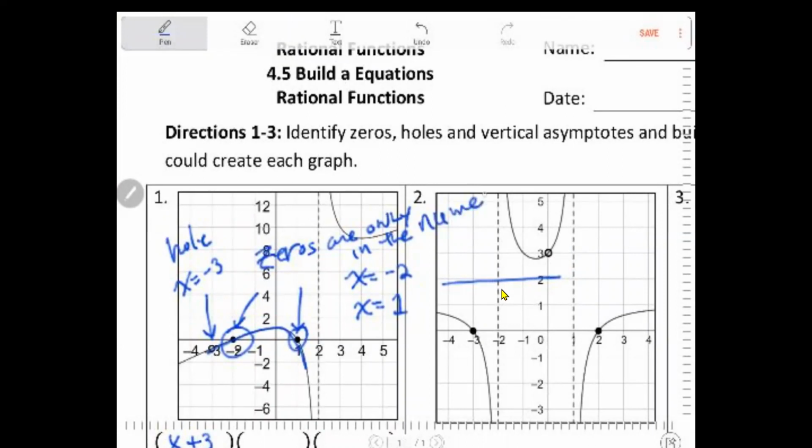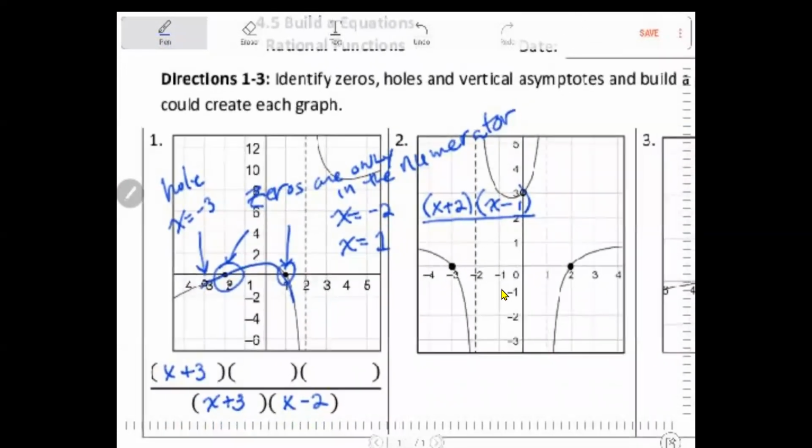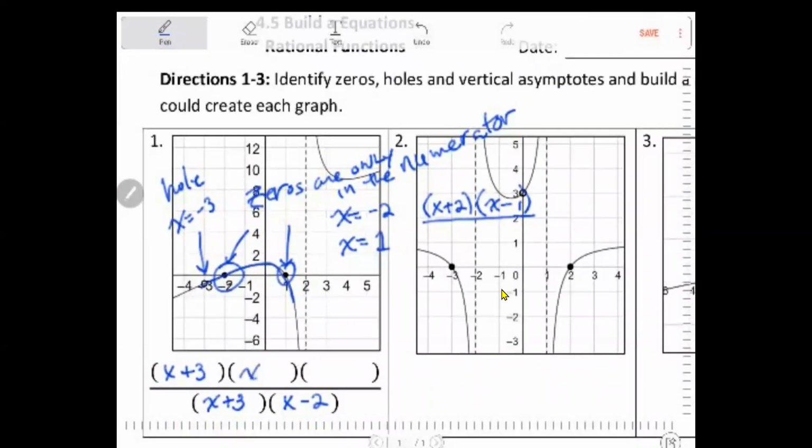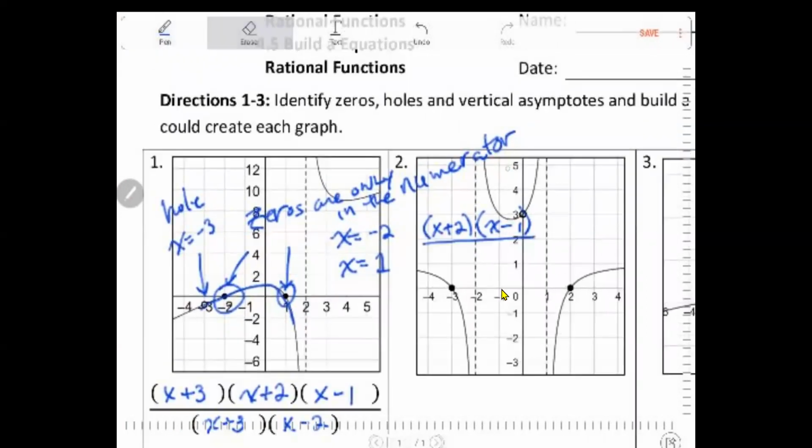The x is -2, so our factor is going to be x plus 2, and the x is +1, so our factor is going to be x minus 1. So that's what we're going to write here, x plus 2 and x minus 1, and we're done with that one. That's the way you're going to fill out numbers 2 and 3, because we're already done with number 1.